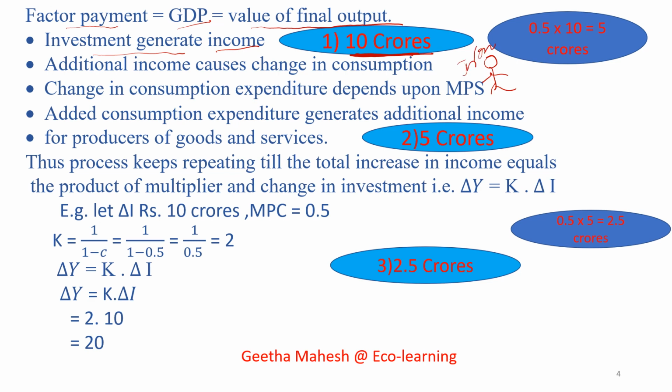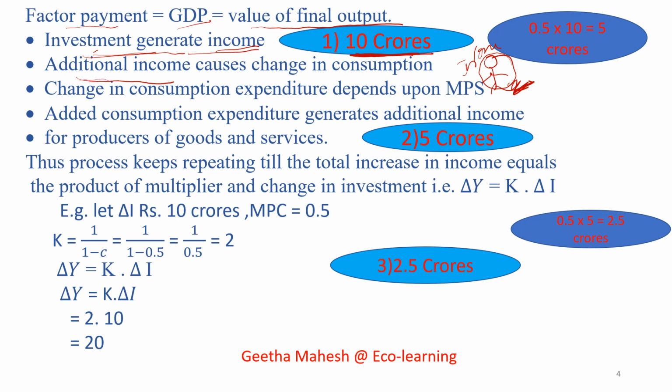Let us assume that person is here. So he will get how much? 10 crores. Now, investment generates income, correct? You make an investment of 10 crores and this person gets that income.